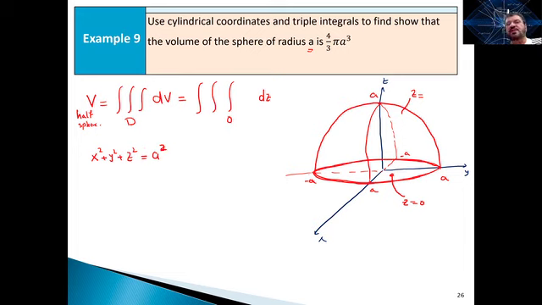Move everything to the other side. So z squared is equal to a squared minus x squared minus y squared. So z is going to be plus or minus the square root of a squared minus x squared minus y squared. But I need only the upper. So this is the square root of a squared minus x squared minus y squared.